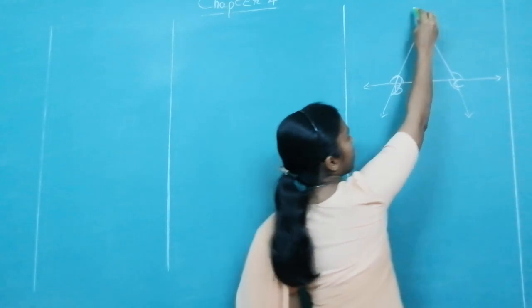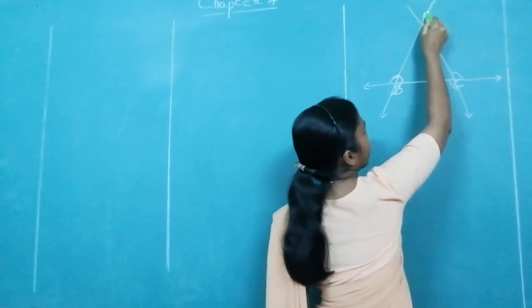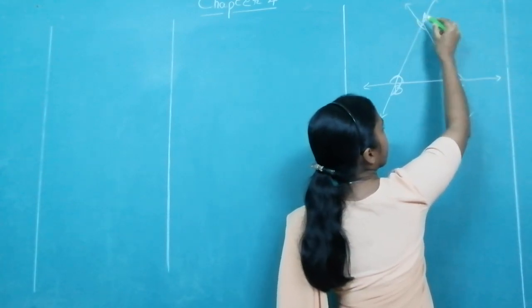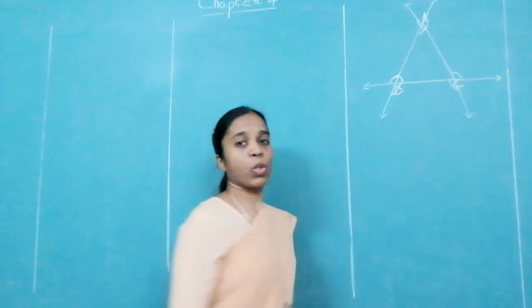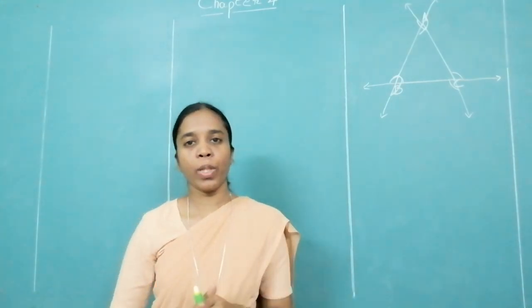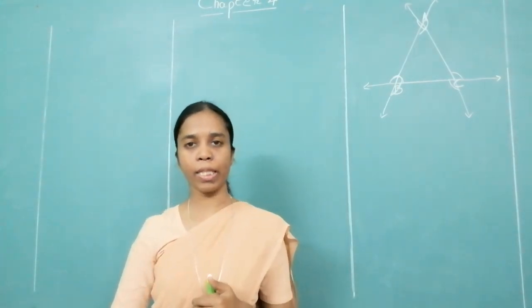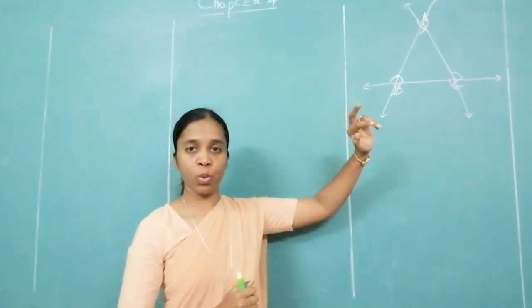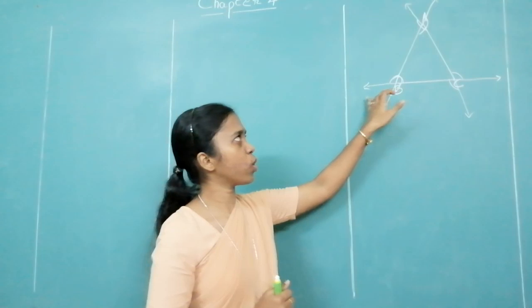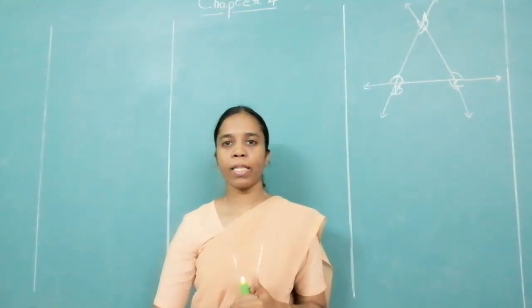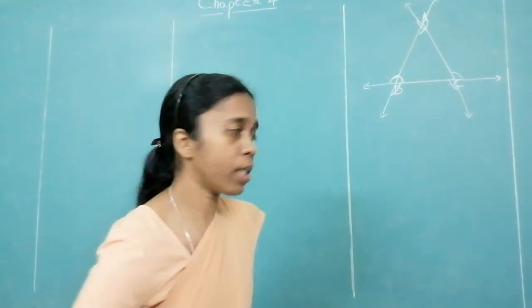Similarly, I can extend over here also, and I get one with this and one like this also. So, how many exterior angles does a triangle have? There are 6. At each vertex, there are 2 exterior angles. So, 1, 2, 3, 4, 5, 6. 6 exterior angles can be created for a triangle.